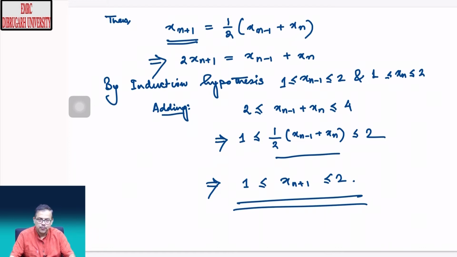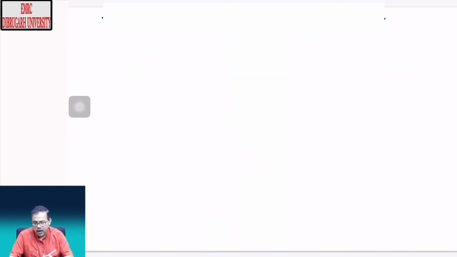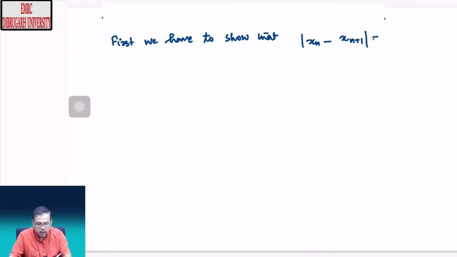Therefore, 1 is less than or equal to x n plus 1, which is less than or equal to 2. This is our assertion. For that assertion, first we have to show that x n minus x of n plus 1 is equal to 1 by 2 to the power n, and then definitely it is less than or equal to 1 by 2 to the power n minus 1.